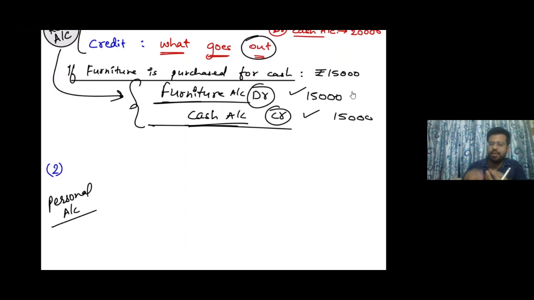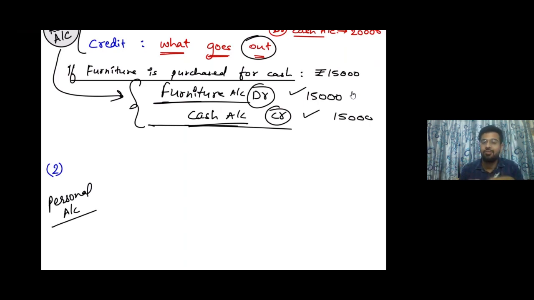For example, if I have given a loan to some other person, that is very clear, the cash is going out, so cash account would be credited. But he will return that money to me after some period of time, so that person is an asset for me because in future he will give me the money back.